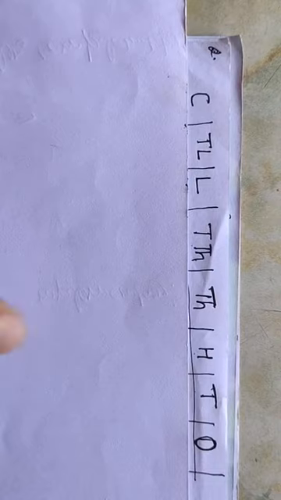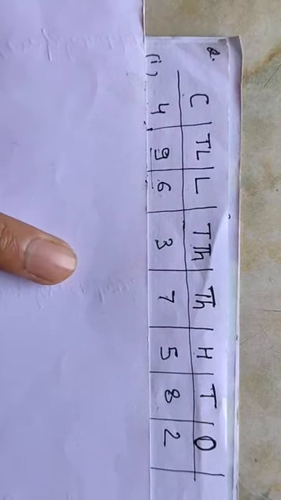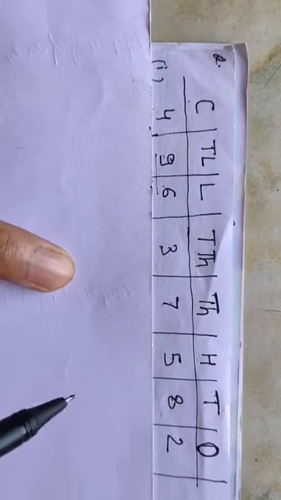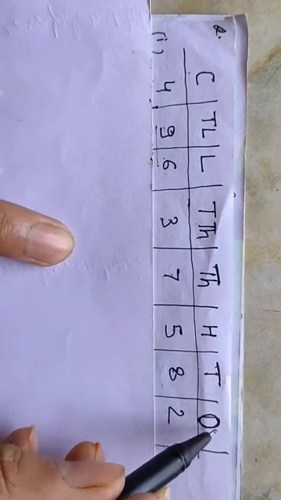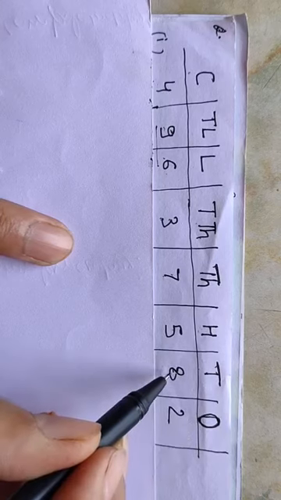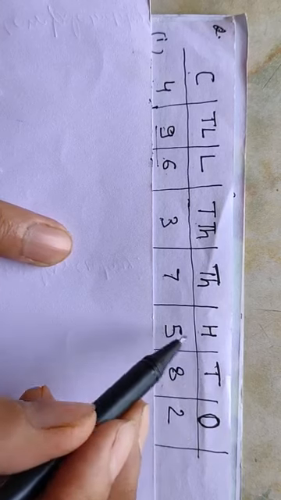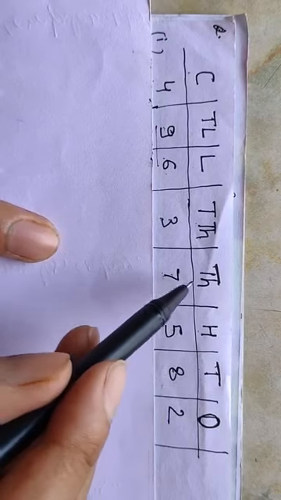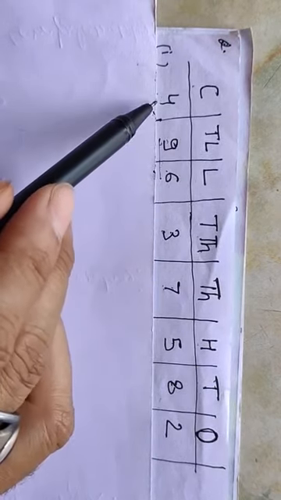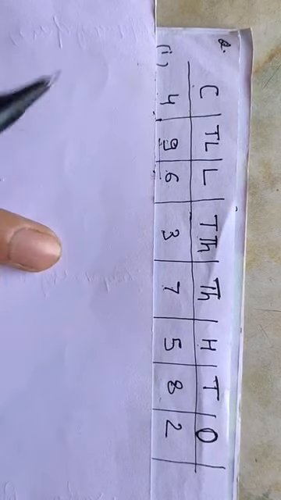These are the places. Suppose a number is 4963758. The digit 8 comes in the ones place, 5 in the tens place, 7 in the hundreds place, and so on, 9 comes in the ten lakh place and 4 in the crore place.